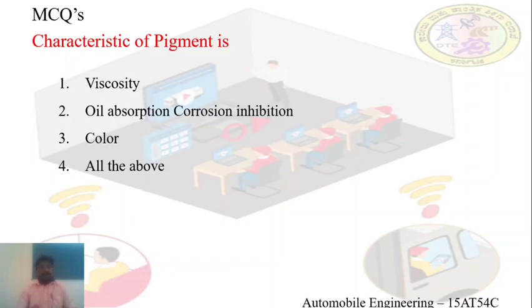In the previous slides you learned about the characteristics of the pigment. There, viscosity, oil absorption, corrosion inhibition, color, all those things are available. So the correct answer for this question is option 4, all the above.